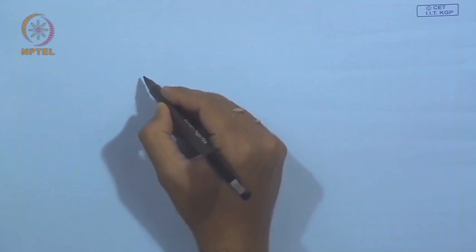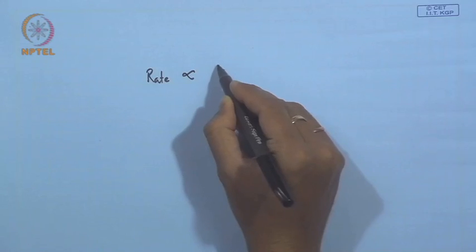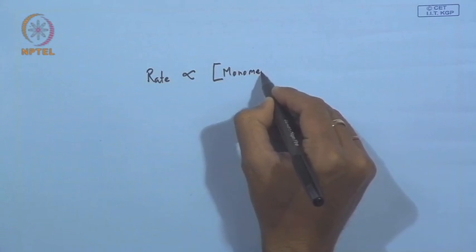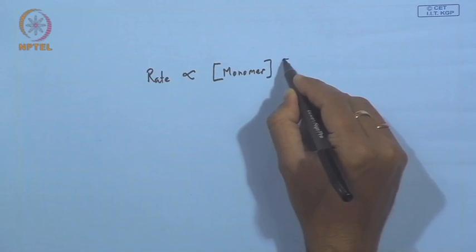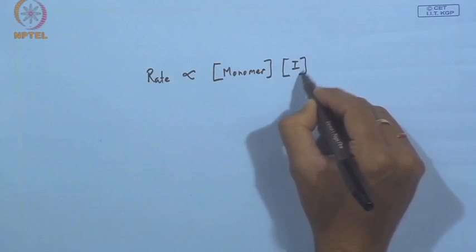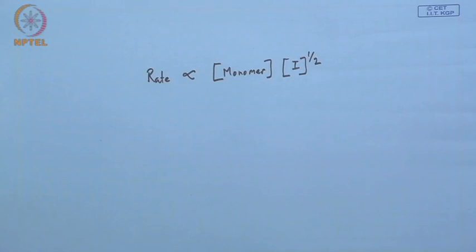So your rate is proportional to the monomer concentration times the initiator I to the power half.